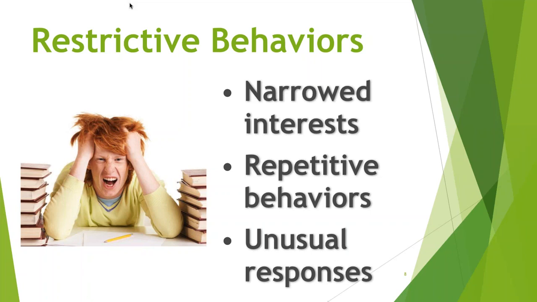Oftentimes what many people think about is those students that flap, or people that flap their hands back and forth, that repetitive kind of behavior, or spinning around, sitting in a chair that spins and spinning around. And those certainly are examples.